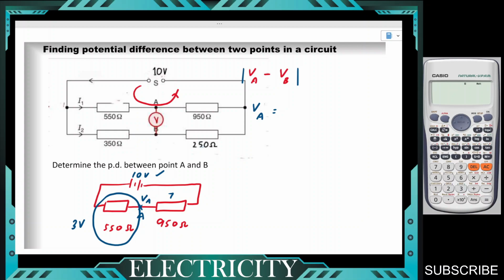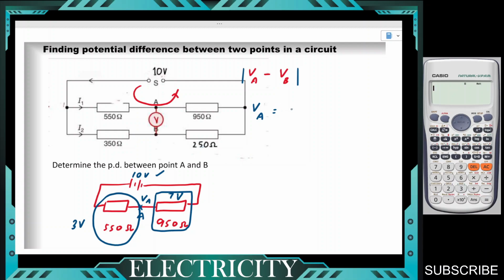And then the more perceptive of you would be tempted to say, why don't we simply find the voltage across the 950 ohm resistor instead of first finding the voltage across 550 and then subtracting it from 10? So why don't we simply find the voltage across 950 ohm? And the answer is you can. And as a matter of fact, you should. So whatever the voltage is across 950, in this case the resistor would be 950.